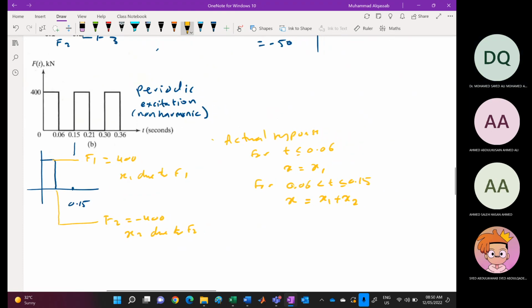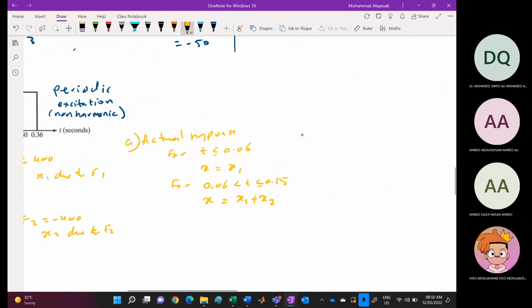Part B is to find the equation of motion.